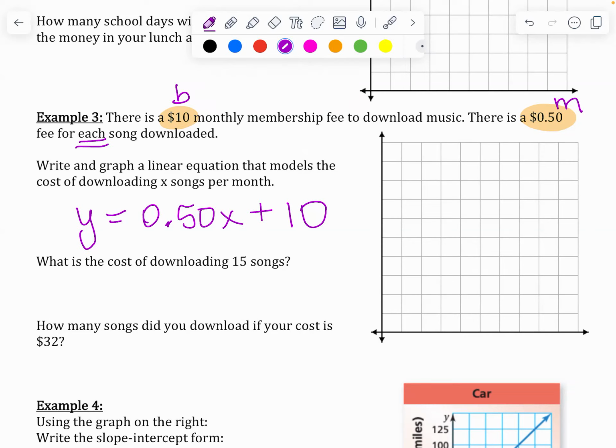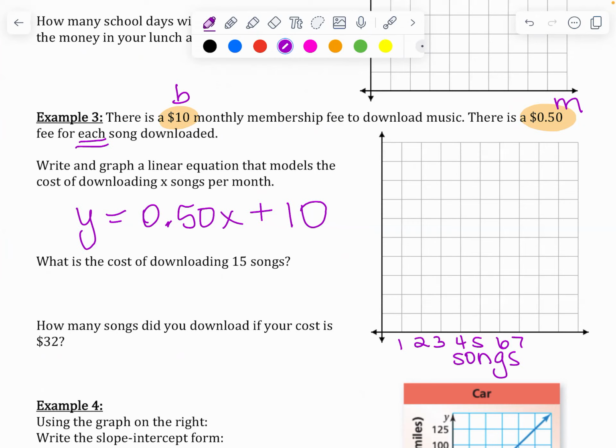So X means songs. Okay, so 1, 2, 3, 4, 5, 6, 7. Go ahead and count songs at the bottom. Now, our rate is 50 cents.